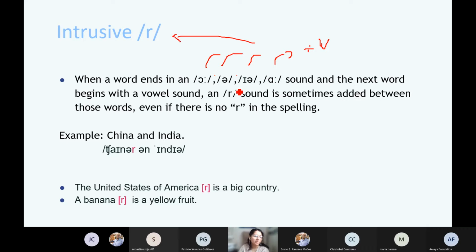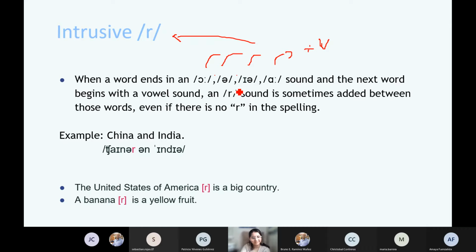As an example, we have China and India. But because this happens in a non-rhotic accent, we are going to say China and India.